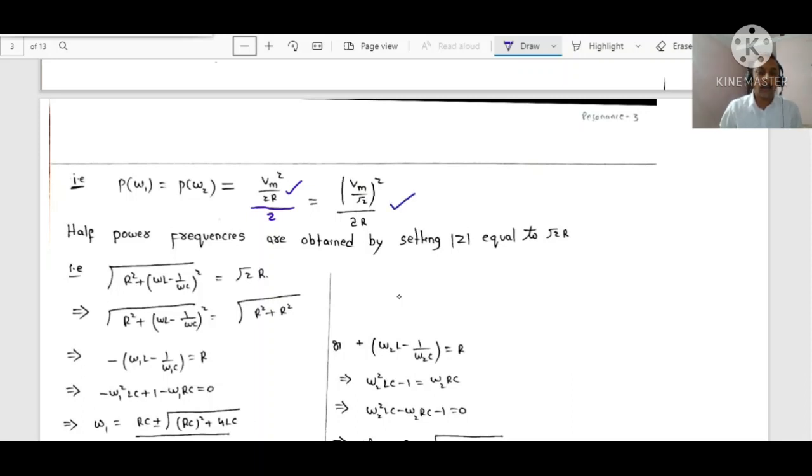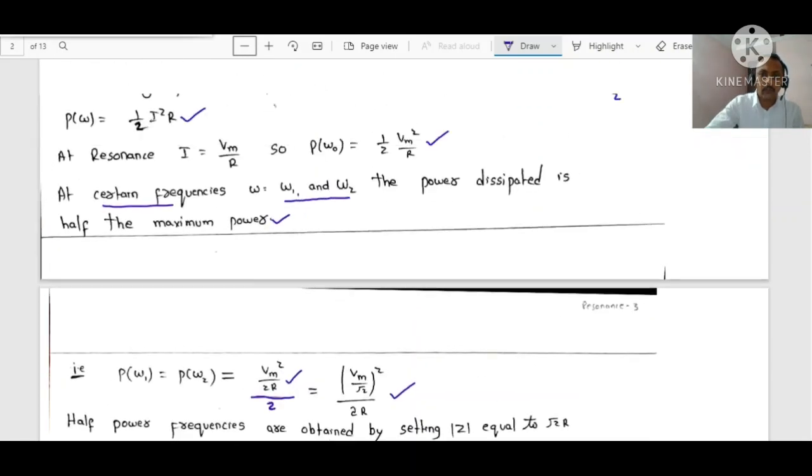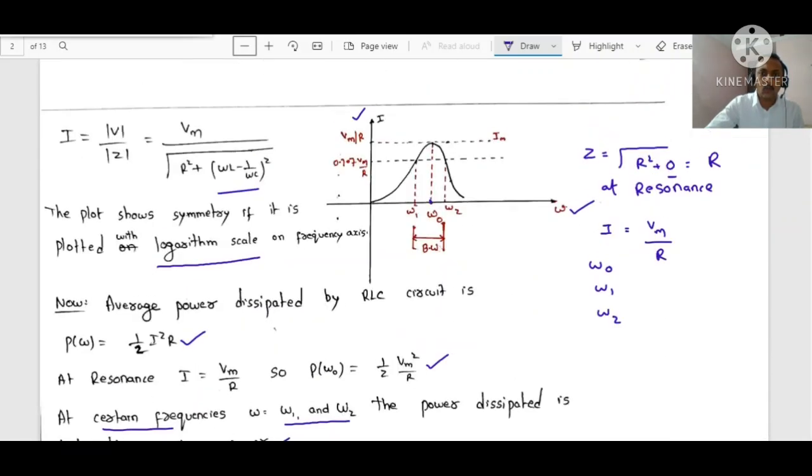That means at half power, this is going to occur at a current magnitude equal to Im by root 2, maximum current divided by root 2, 0.707 times the maximum value of current.